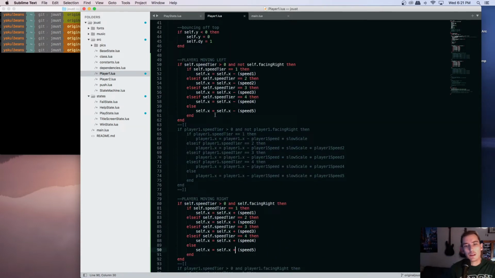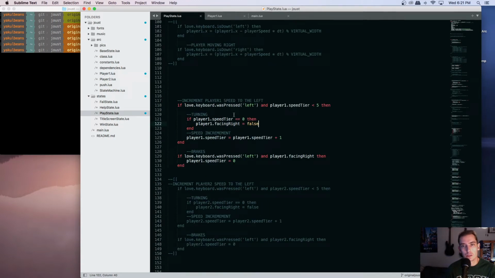So I guess my biggest concern was right here. I would need to set it to 0 by the time its X is no longer changing, because I want it to skid to a stop before you can input a turn.